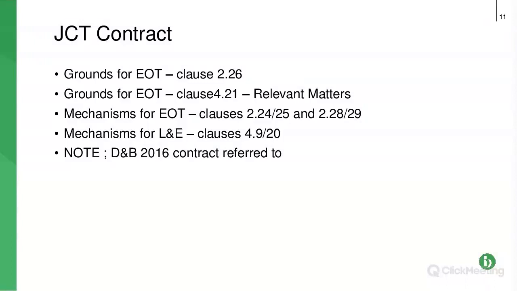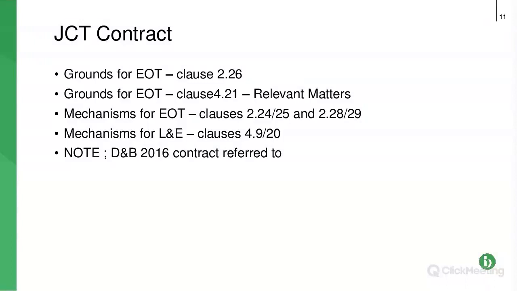For loss and expense, so that should say grounds for loss and expense at that second bullet point, they're at 4.21 of the contract, and they're called relevant matters. So bear in mind, unlike NEC, JCT separates the time and the money in terms of where they are in the contract: 2.26 for the time, 4.21 for the money.